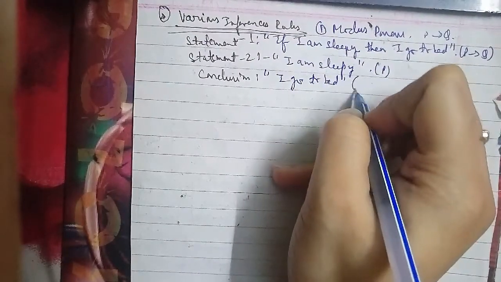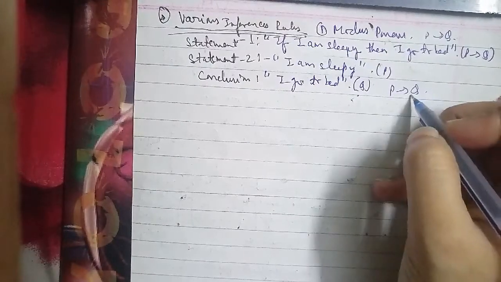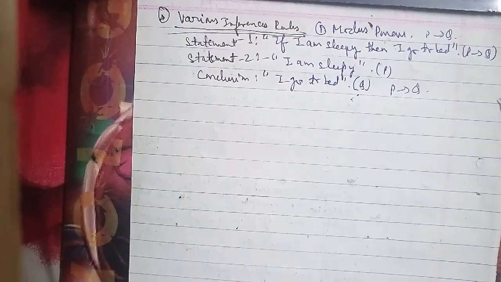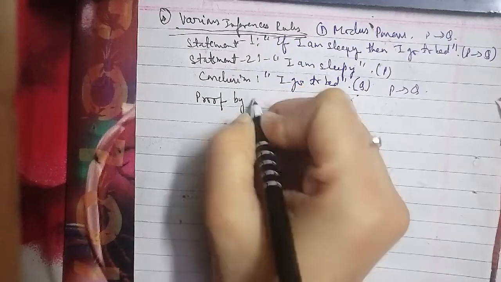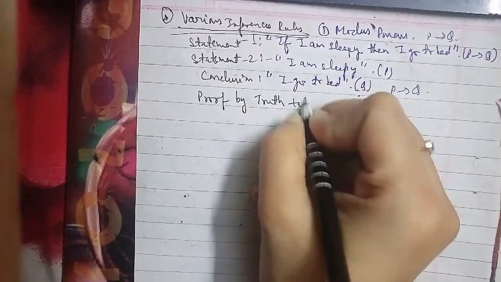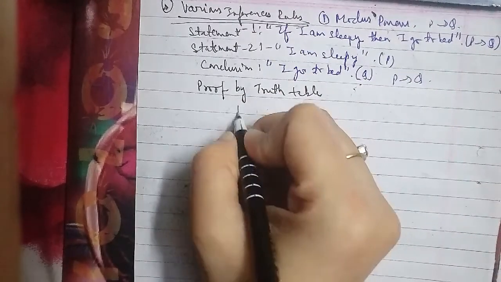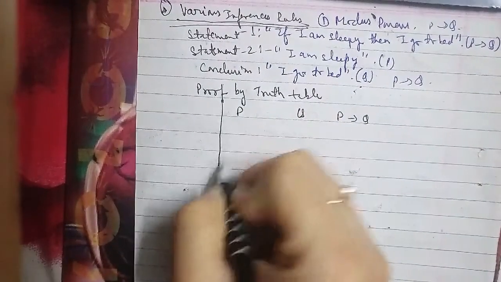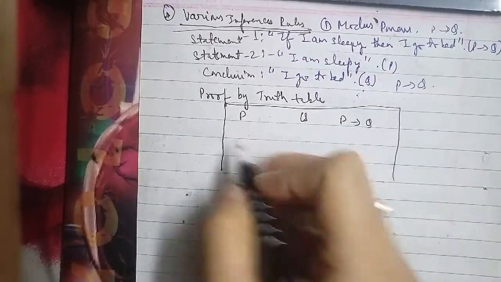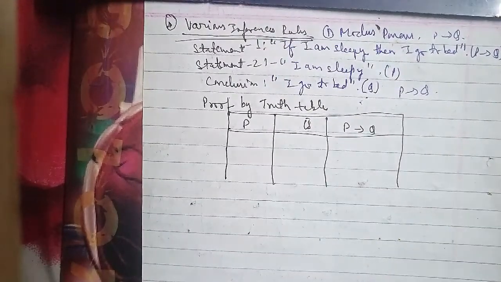With the same, hence we can say that P tends to Q is true, and P is true, then Q will be true, and for that we will make a truth table. Proof by truth table: P, Q, and P tends to Q. If P equals 0, then Q is 0, and P tends to Q is 0.